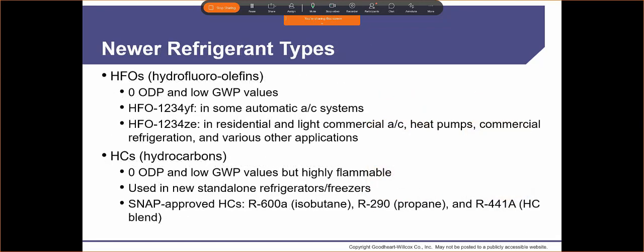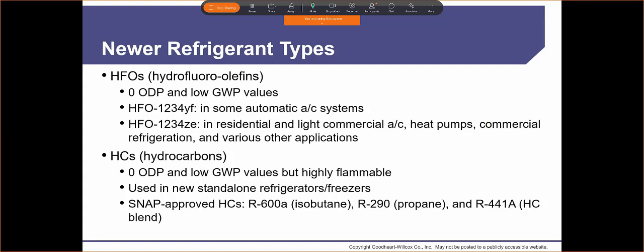Then we have the newer refrigerant types, the hydrofluoroolefins. They have a 0 ODP and a low GWP value. One of these is HFO 1234YF, and it's being used on the automotive side for AC systems.